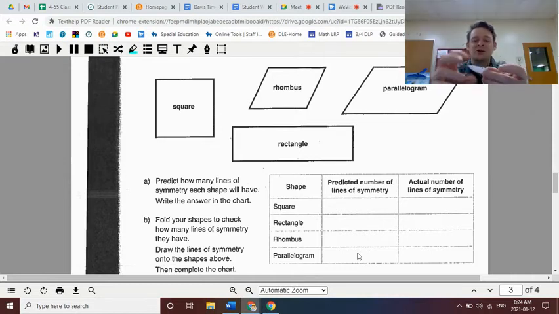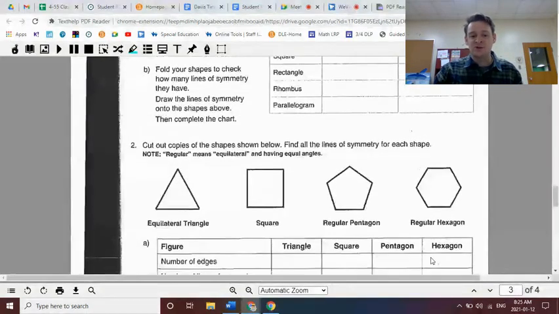Then the only other thing I could try is maybe a vertical line of symmetry. So I'm going to try to do it vertically. And again, I have parts of my shape that do not overlap. So there's no lines of symmetry in a parallelogram. Huh. Imagine that. So that would be what I would write over here in my actual lines of symmetry section.